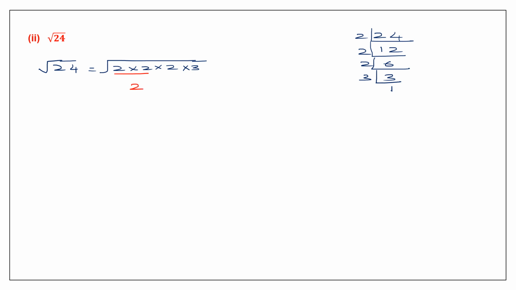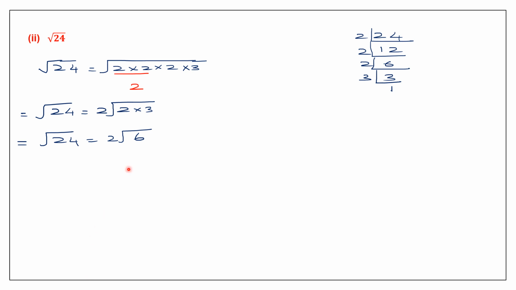Whereas 2 and 3 don't have another number to make a pair, so they will remain as they are. I can multiply 2 into 3, and write it inside. So 24 will now become 2, and inside what we have still left, 2 into 3. So square root of 24 is equal to 2 root 6.